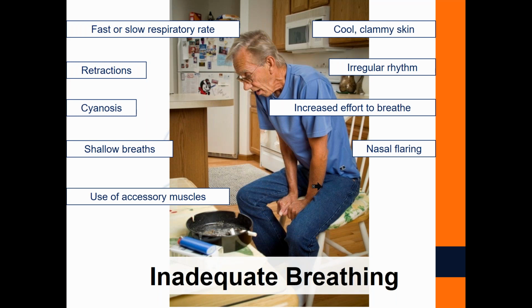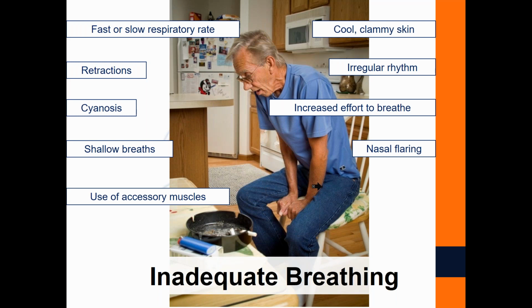Or maybe we'll start to see some changes in their respiratory pattern. Now, yesterday when we were working on vital signs and we talked about counting respirations, if you look around at people breathing, one thing you notice is that when it's working the way that it's supposed to, it's very unremarkable. You don't see much.